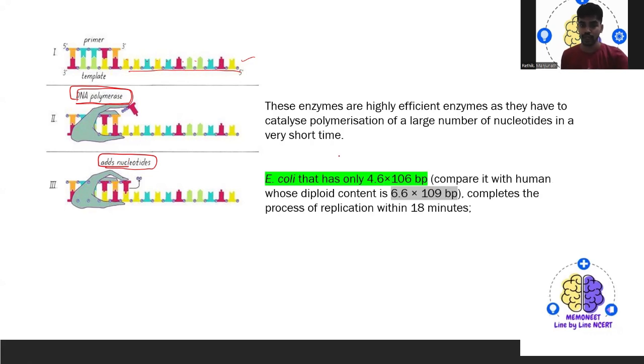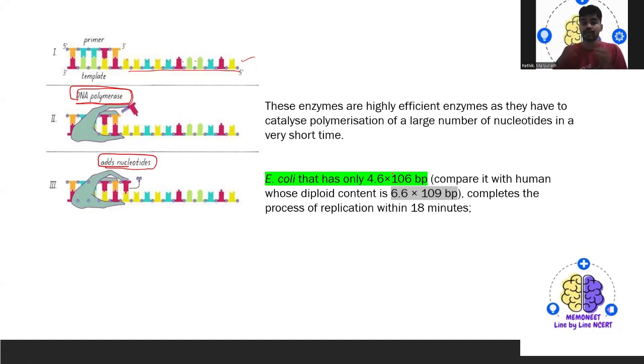Coming to E. coli, we know that E. coli has only 4.6 × 10^6 base pairs. When we compare that with humans, the base pair count is more. Since humans are diploid in nature, the genome contains 6.6 × 10^9 base pairs. So the human DNA to be synthesized is much larger compared to E. coli.